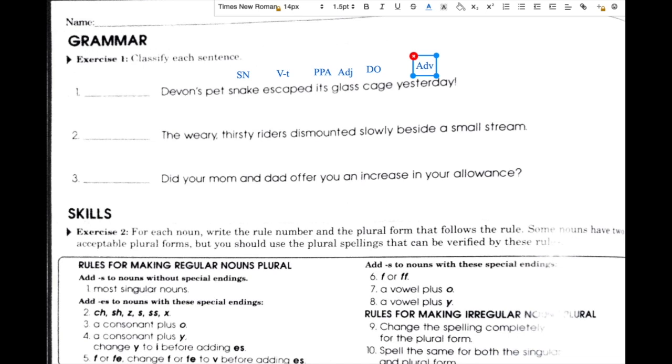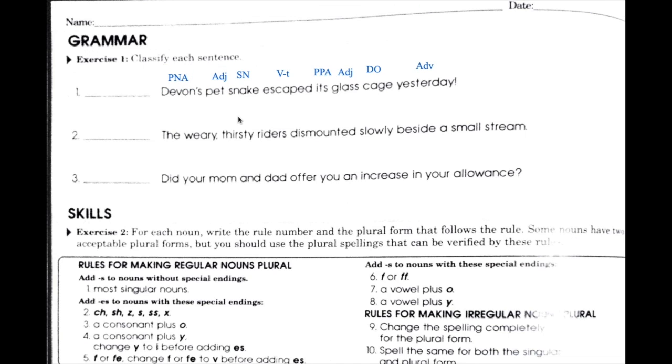What kind of snake? Pet snake. Pet is describing the noun snake, so it's an adjective. Whose snake? Devin's. We have an apostrophe S here, so it's possessive. It's a noun, and it's describing, so it's an adjective. It's a possessive noun adjective. We don't have any prepositional phrases.